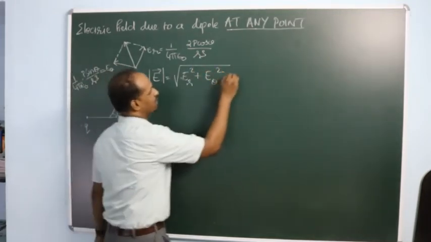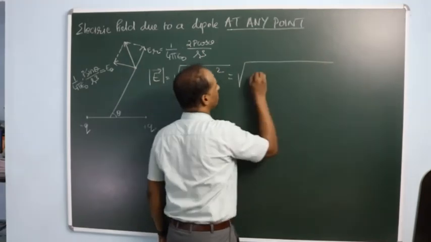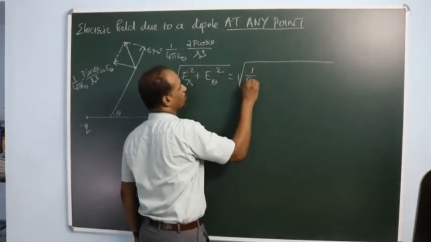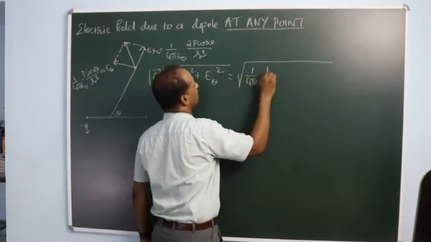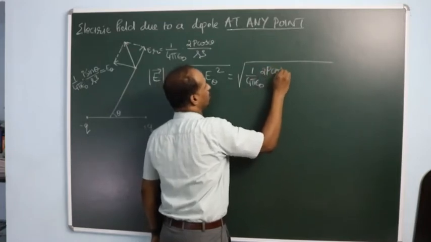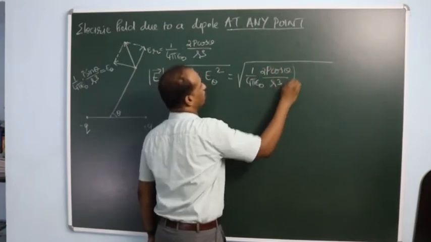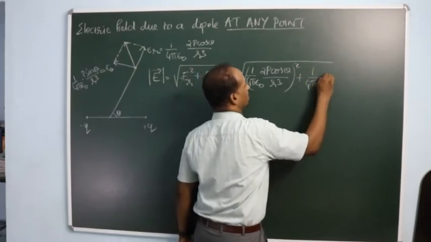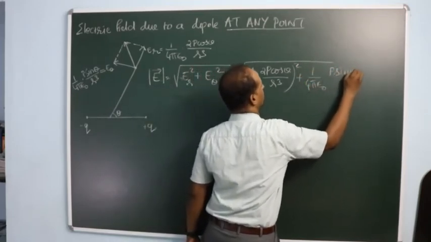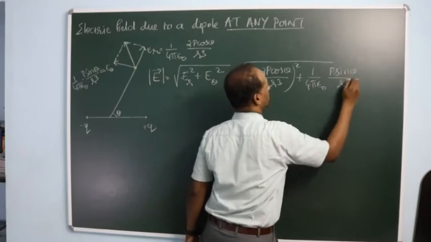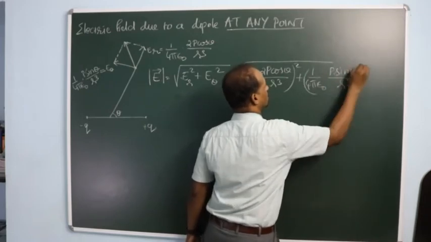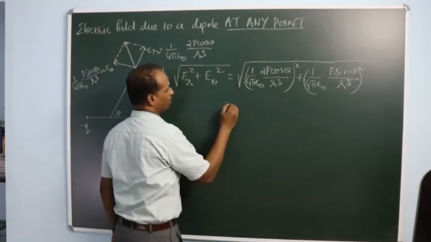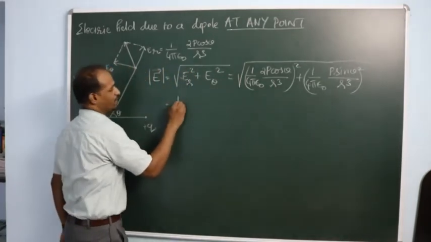That equals root of [1 by 4 pi epsilon naught 2p cos theta by r cube] whole square plus [1 by 4 pi epsilon naught p sin theta by r cube] whole square.